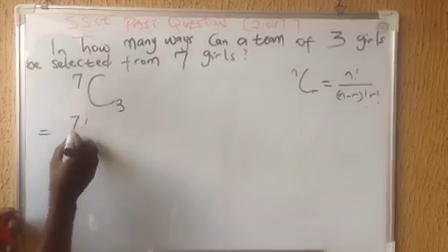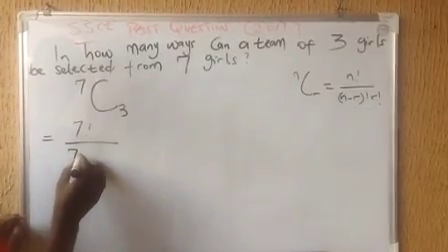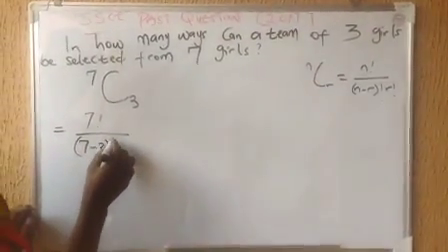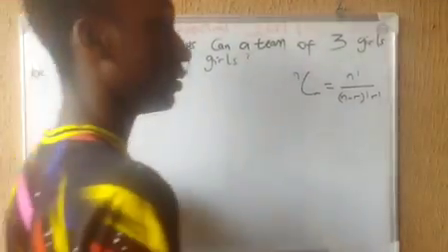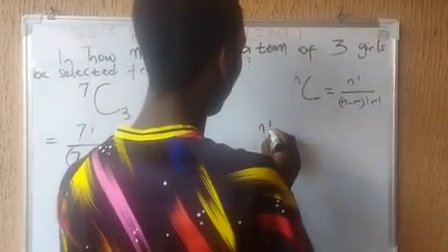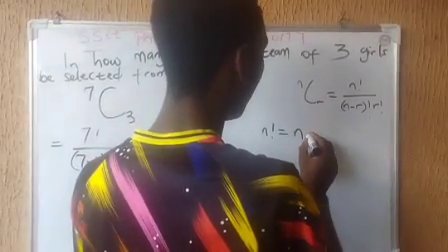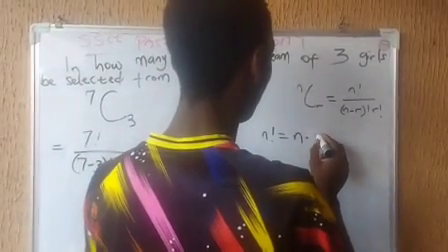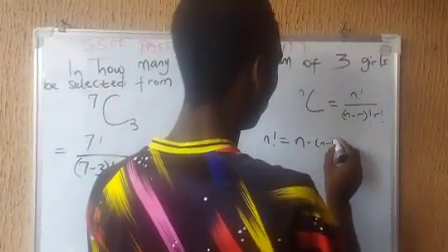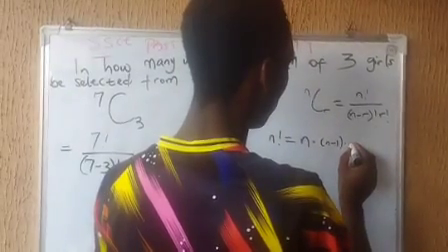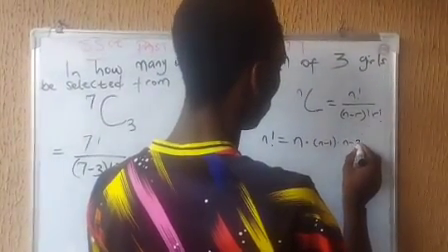7 factorial over 7 minus 3 factorial. Remember, the formula for factorial is n factorial is equal to n times n minus 1 times n minus 2.